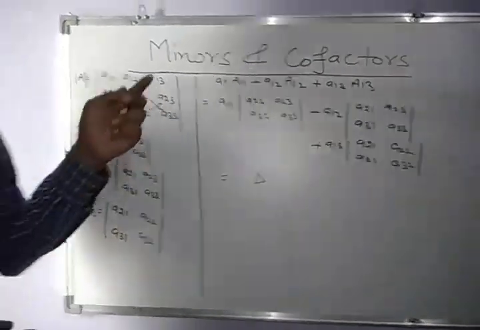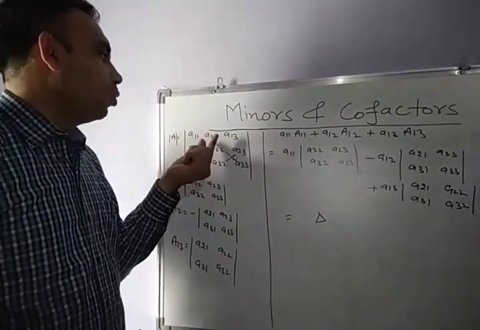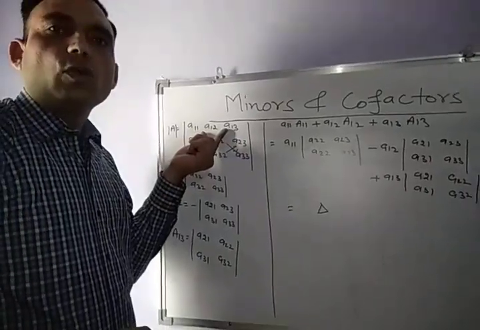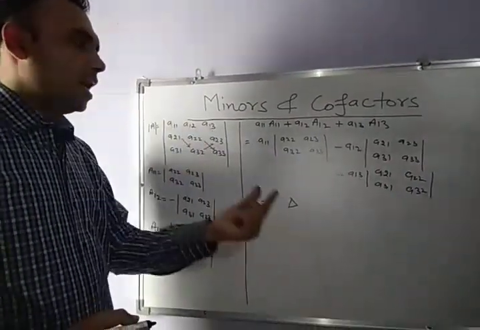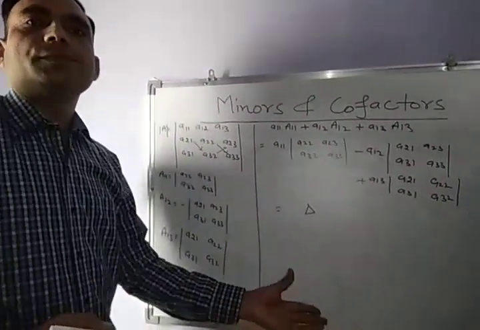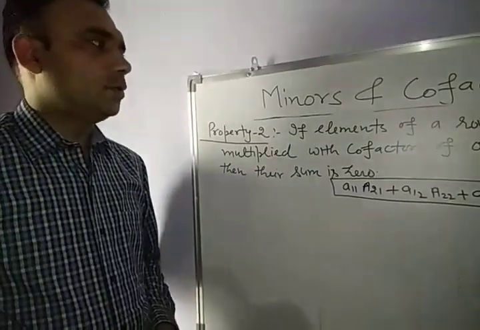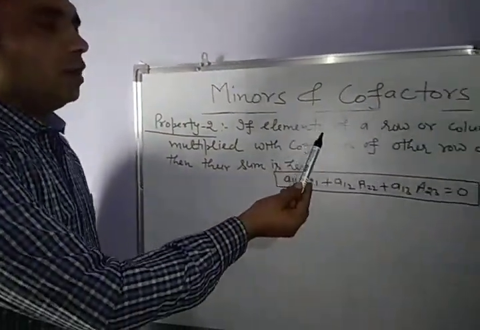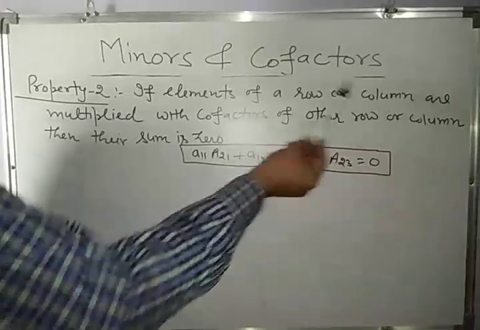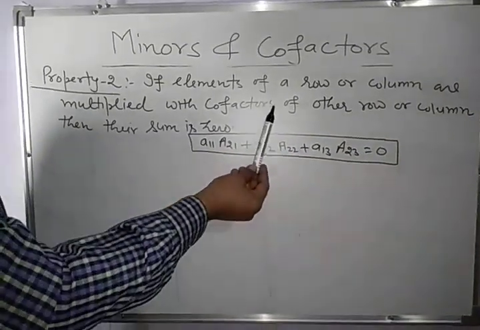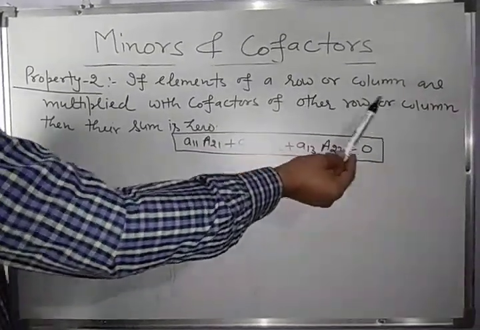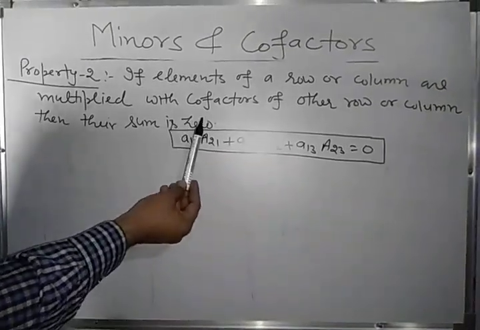We can say that if we multiply the elements of any row or any column with their cofactors, then we get the determinant. Further, property 2: if the elements of any row or any column are multiplied with the cofactors of another row or another column, then their sum is 0.